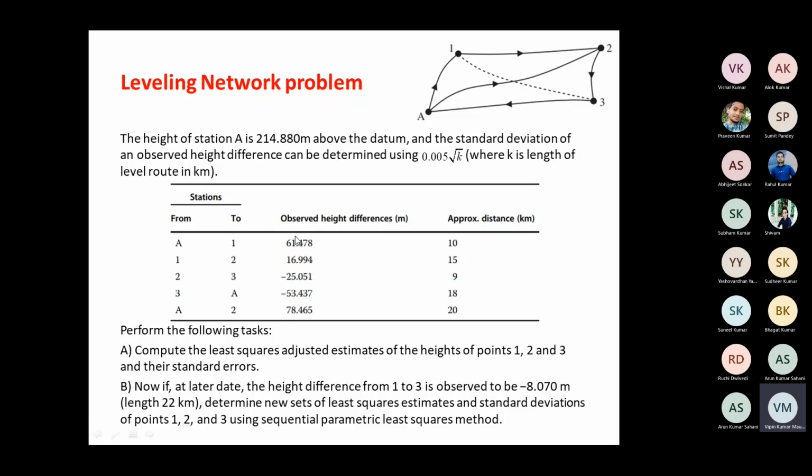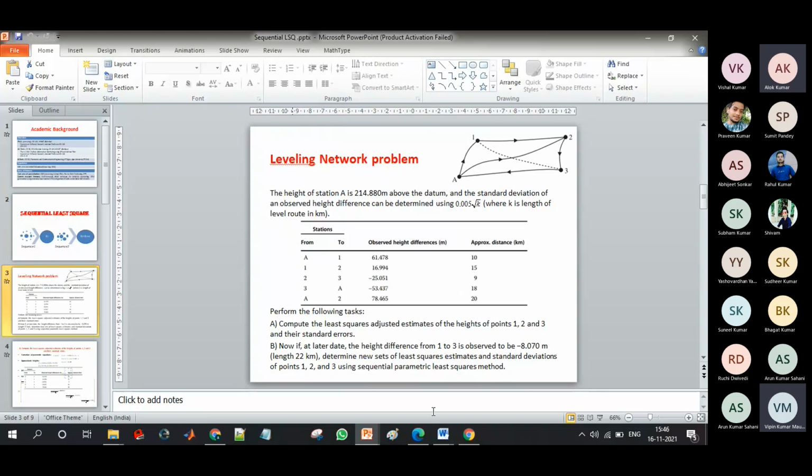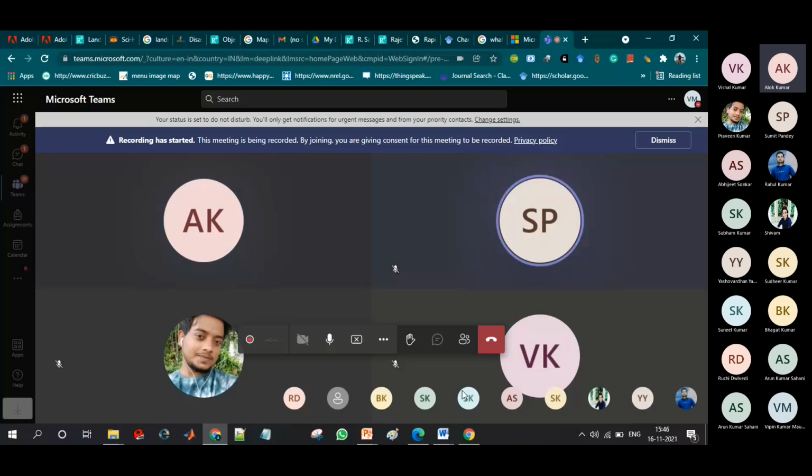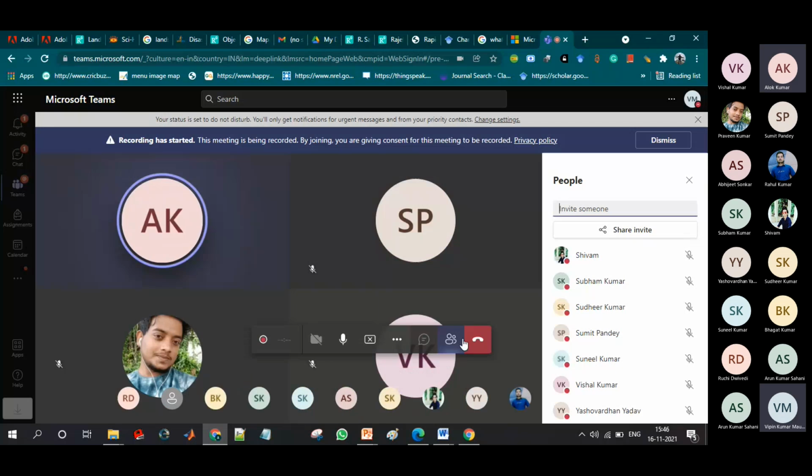Is there any other student who has got any answer? Alok, Sumit, Ruchi, let's see. Sir, I'm calculating my matrix, sir, on paper.